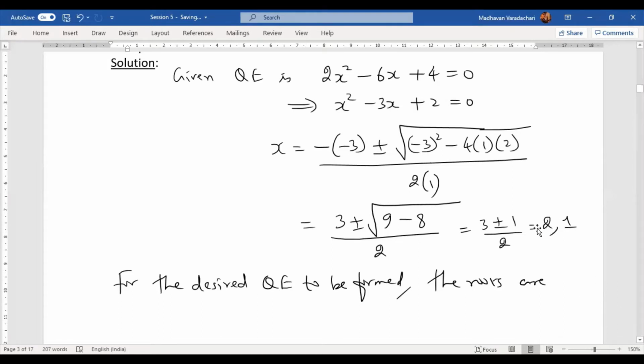I need to consider the cubes of these. 2 cube, 1 cube, which means 8 and 1. That means for the desired quadratic equation, the roots are 8 and 1.